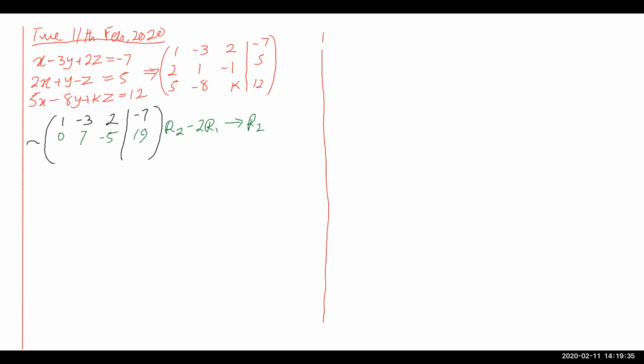All right. Okay, so row 3 now. We're going to do a similar thing, right? So can someone tell me what to do to row 3?